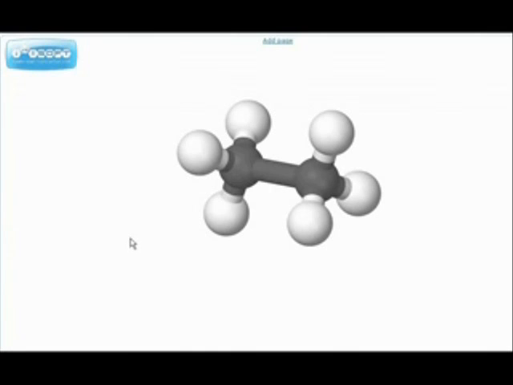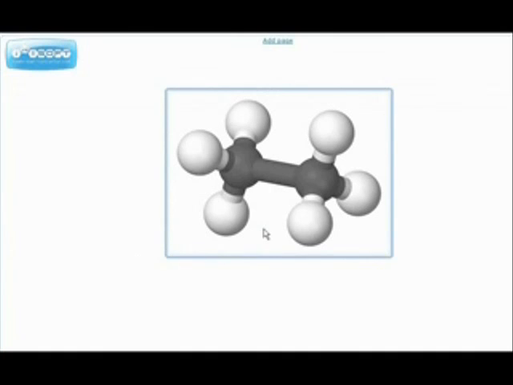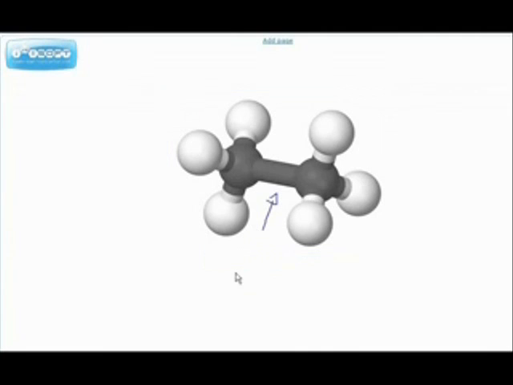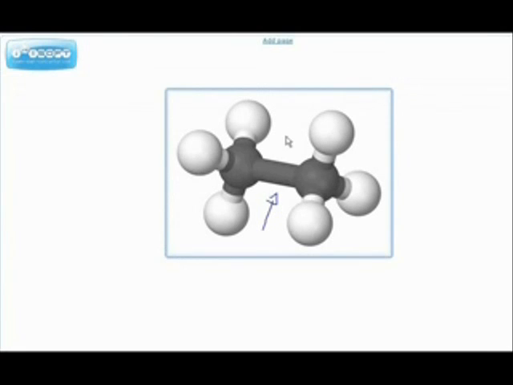What determines that is the amount of what we call in organic chemistry torsional strain around this single bond that the rotation causes. The ethane molecule you're looking at right here is in its rest state, or the rotational arrangement that causes the least amount of torsional strain on this single bond.